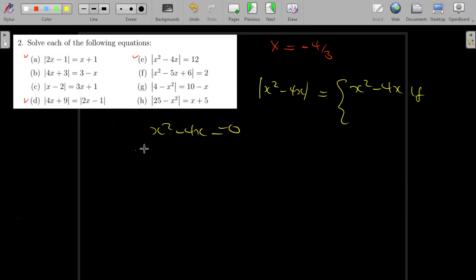I can complete the square here, that would be x minus 2 squared, then minus 4 equal to 0. This is going to give you positive 4, then introduce the square root on both sides, and just end up with this equal to what?